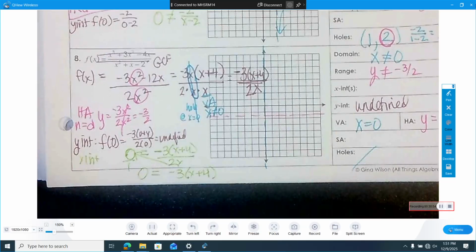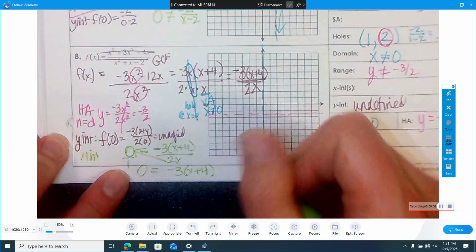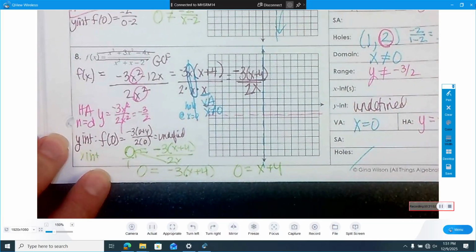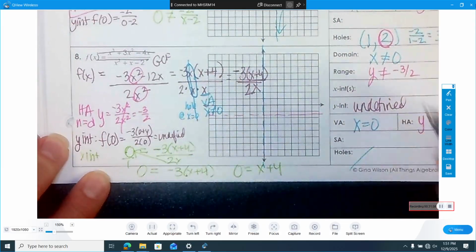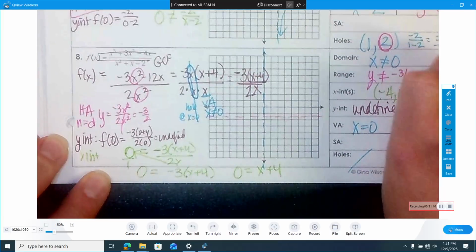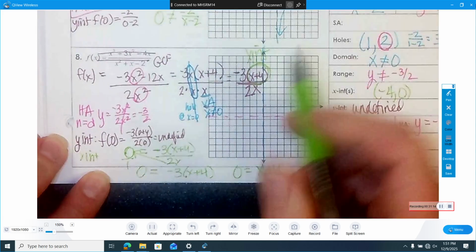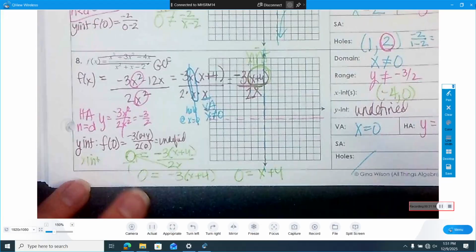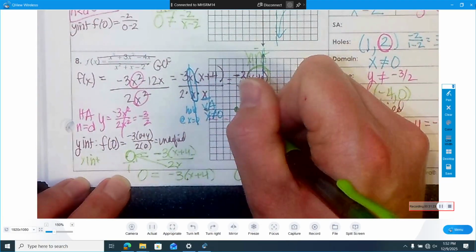Divide by negative 3. I can definitely divide everything by negative 3. That gives me 0 equals x plus 4. Move the 4, we get negative 4. So the x-intercept is negative 4, 0. That is our x-intercept right there at that bubble on top.